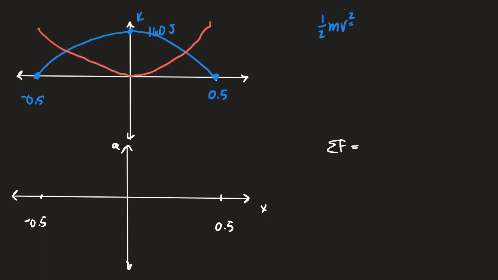Net force equals minus kx. It's only the one force acting. Ma equals minus kx, so a equals minus k over m times x. I'm graphing a on the y-axis and x on the x-axis. I should have a straight line with a negative slope, and the negative slope is k over m.